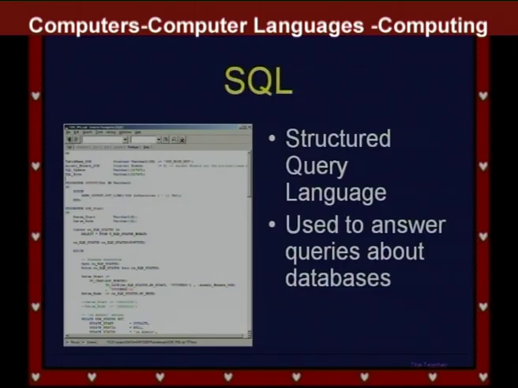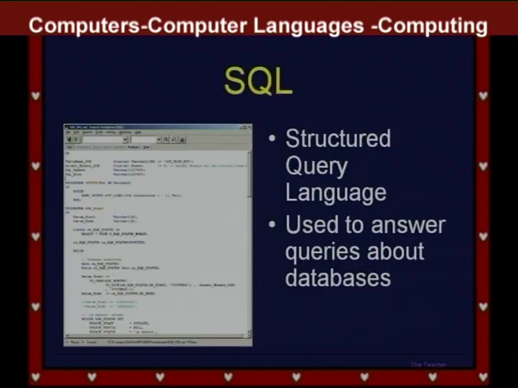So for every activity there are their own languages, but ultimately, at the end of the day, the machine can understand only zeros and ones. There are various languages for each and every activity or technology. It might be technology specific, it might be application specific.